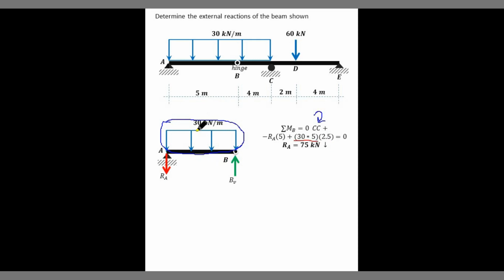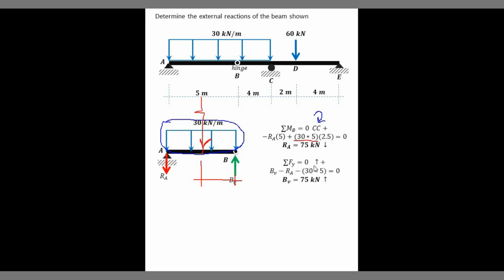Then the moment arm: once you get the area, the resultant is located at the center, which is half of the length, 2.5. So my RA here is 75 kilonewtons downwards. If I take summation of forces along the y-axis, I can now get the value of BV.